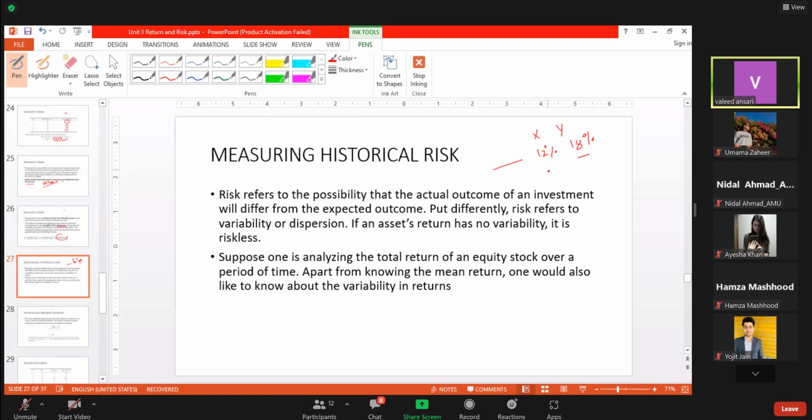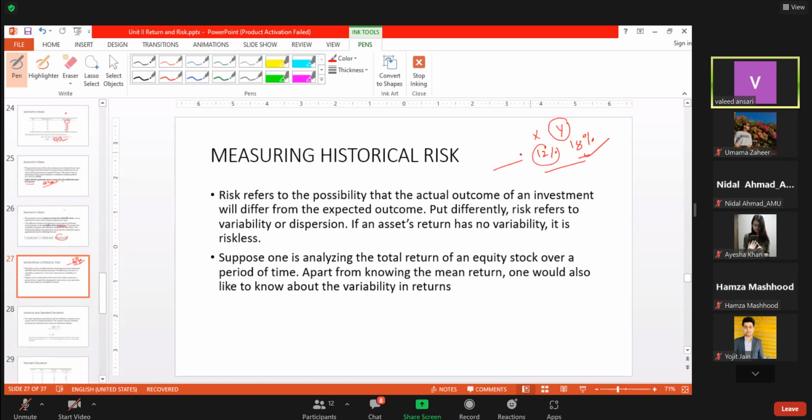Given without risk, one may choose 18%, that Y is providing higher return, therefore we should invest in Y if these two options are there. But it is the risk which is entailed by Y and X isn't. Maybe X is providing lower return, but it may not be risky. Y is providing high return, which may be risky.